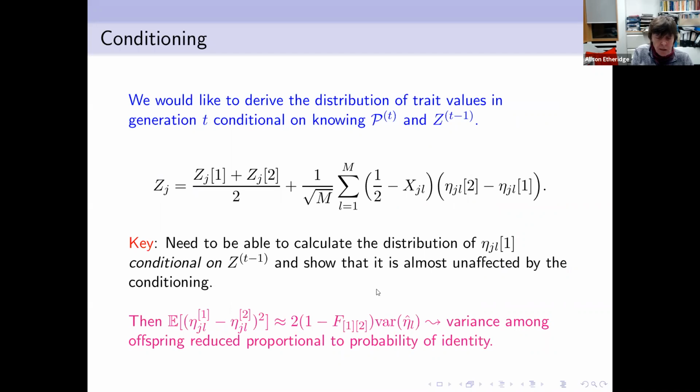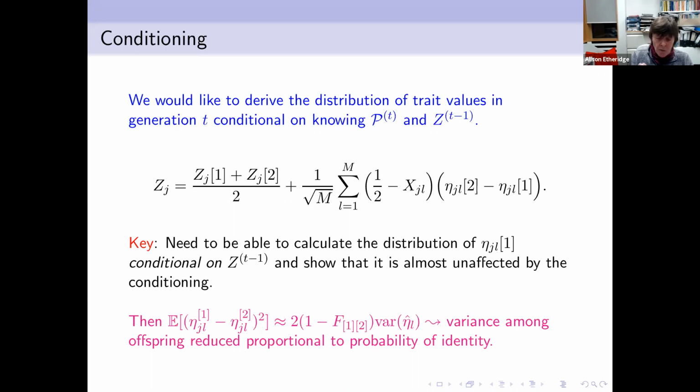So suppose that I could convince you that the distribution of eta JL of 1 was not much affected by knowing the trait value in parent 1, or indeed any of the ancestors of that trait. Well, if I could convince you of that, then eta JL of 1 is just a sample from the ancestral population.